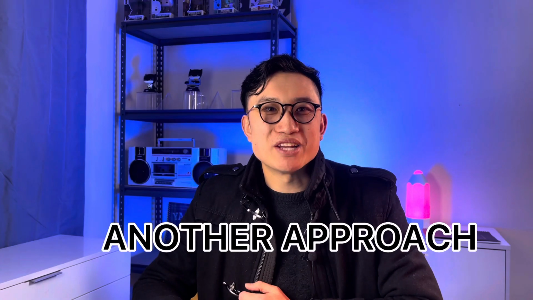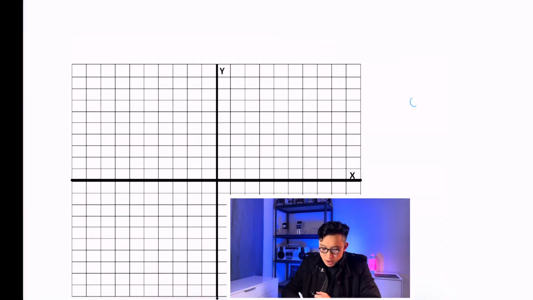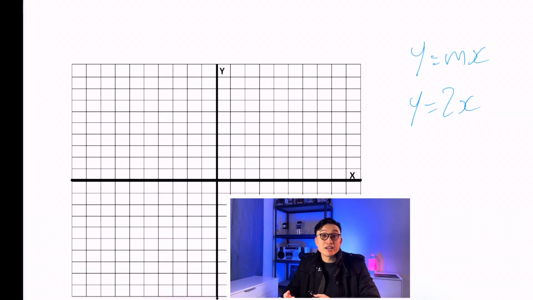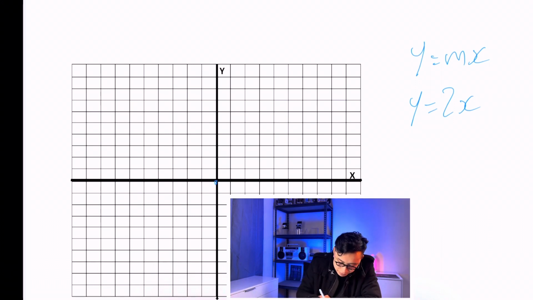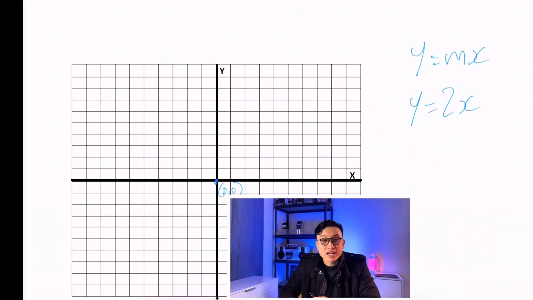So what's another way of sketching a y equals 2x equation? We call this a y equals mx format equation, without using the rise over run method. Well, we just found out that the x-intercept and the y-intercept are cutting through the origin, which is 0, 0. If you don't like the rise and run method, all you have to do is sub in an extra point.